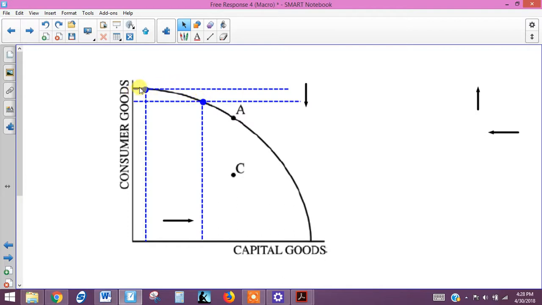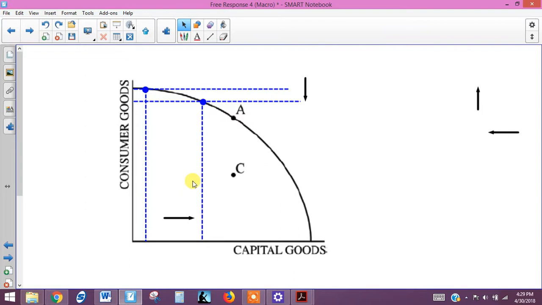What are we doing? Well, we're producing more capital goods, and the opportunity cost of producing this much more in the capital goods is losing this much in consumer goods.